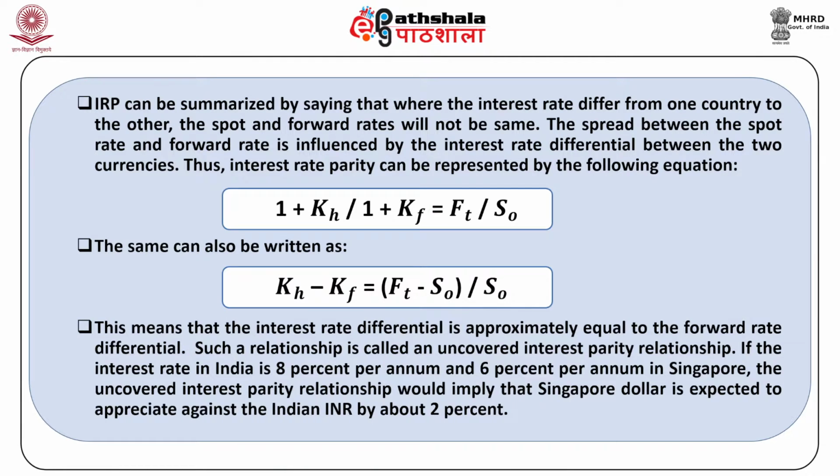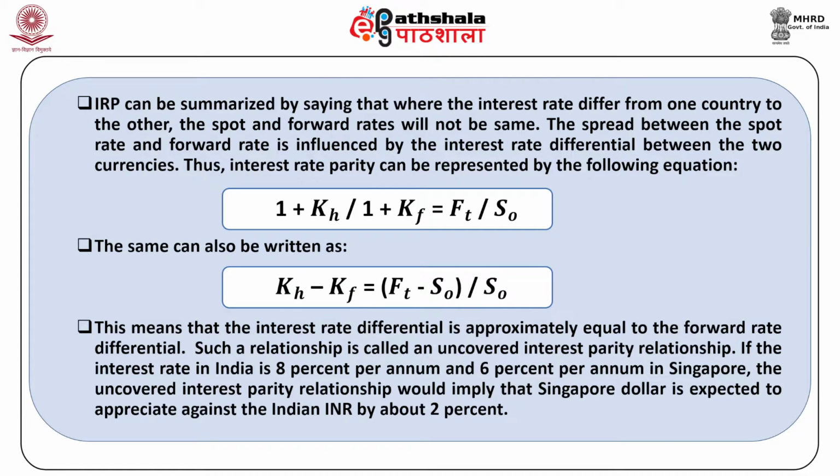The spread between the spot rate and the forward rate is influenced by the interest rate differential between the two currencies. Thus, the interest rate parity can be represented by these equations. These are (1 plus KH) divided by (1 plus KF) is equal to FT divided by S0. The same can be written as KH minus KF is equal to (FT minus S0) divided by S0.